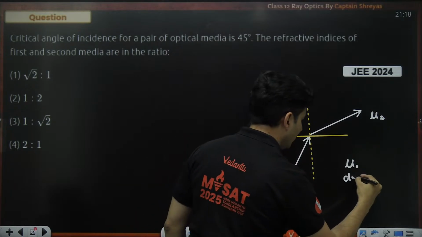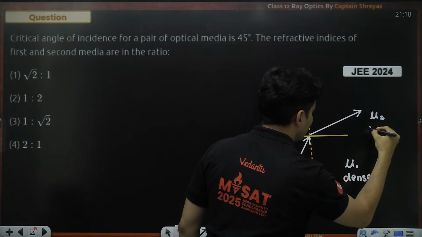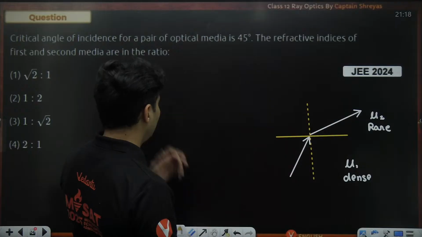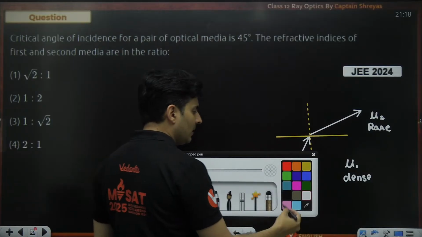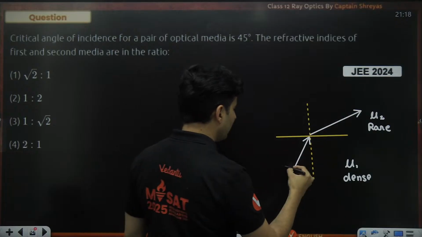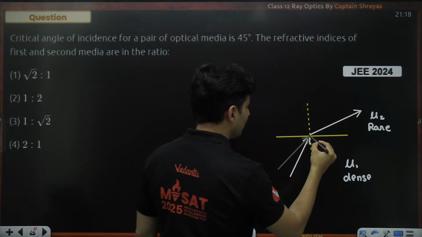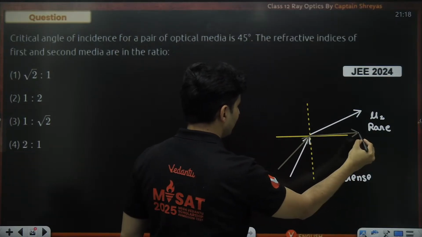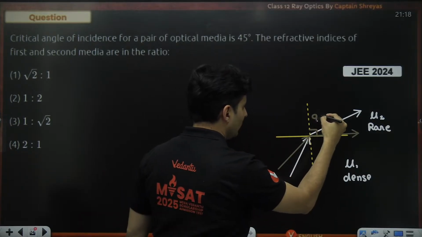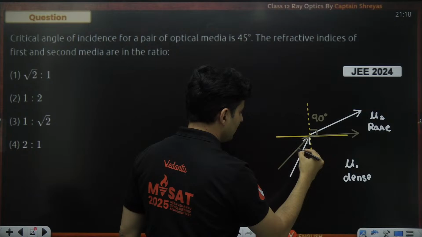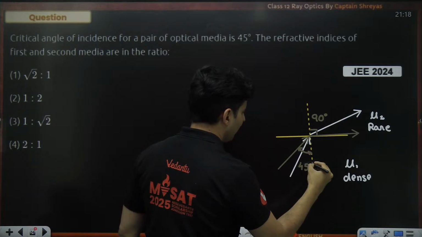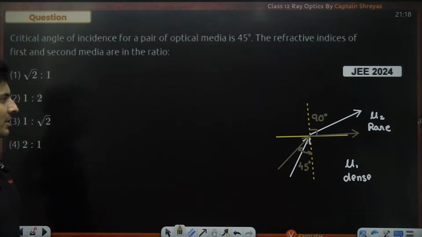Obviously, this is going to be the dense and this is going to be the rare medium, and it is mentioned that when you increase the angle to 45 degrees, it becomes critical. So when you make it 45 degrees, the light will come grazing like this, almost here. So this is going to be 90 degree, and this is going to be your critical angle, which is 45 degree. That is what is mentioned.